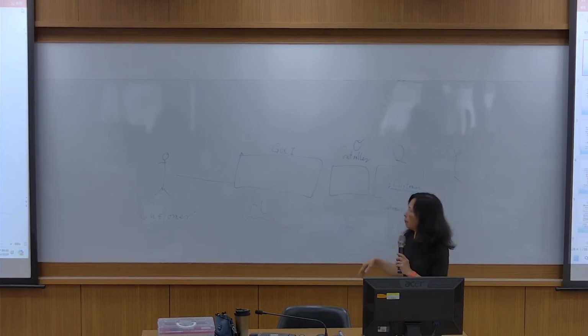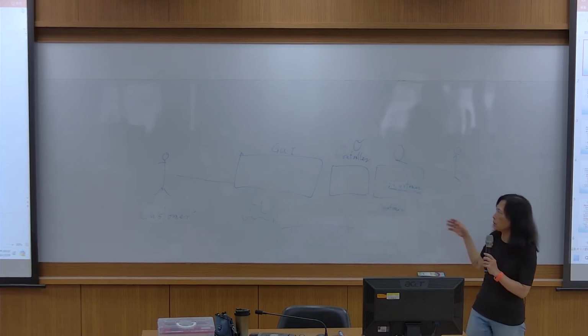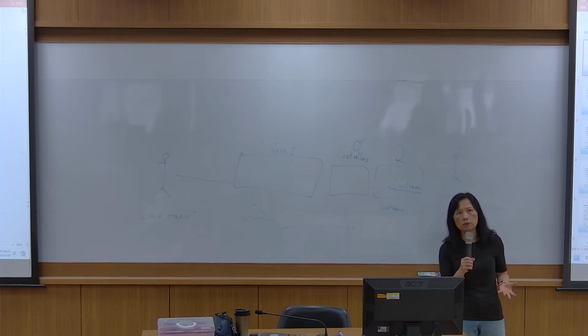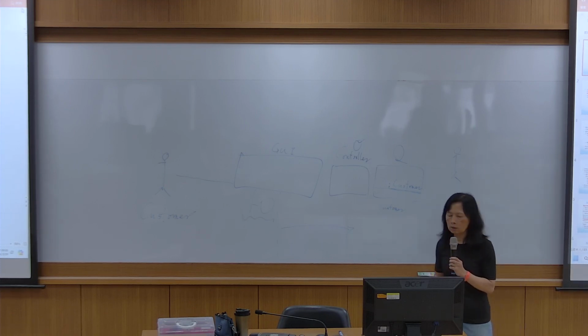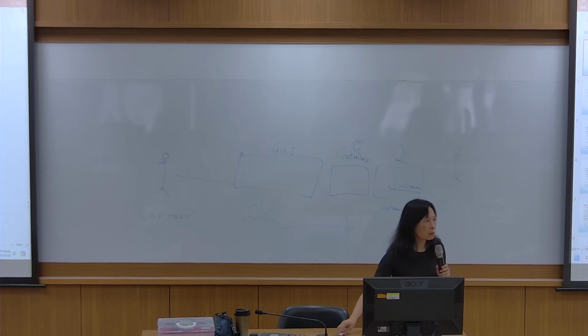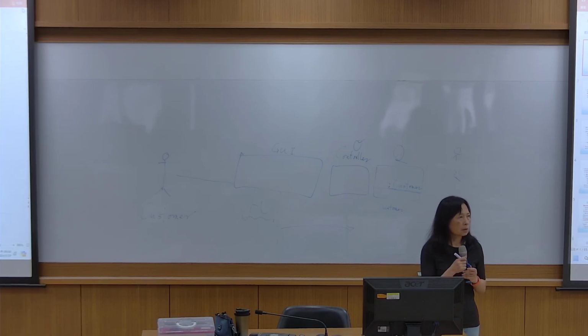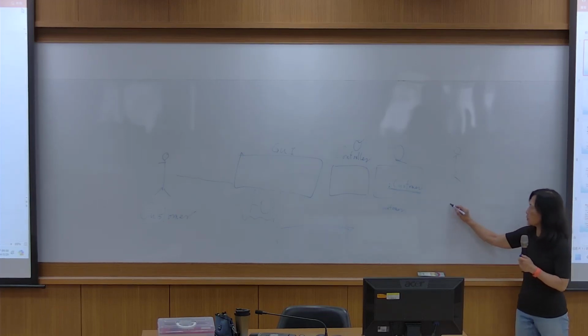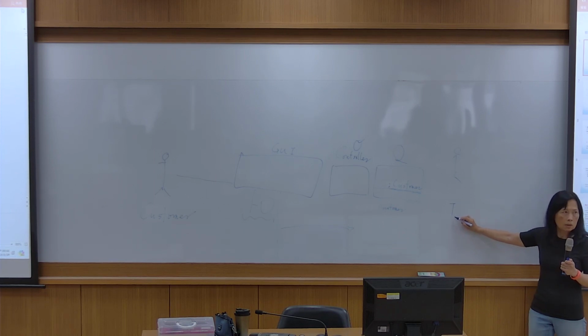And Range, when we want to draw the sequence diagram, is it possible to have a temporary object? I think it can have a temporary object. Why?